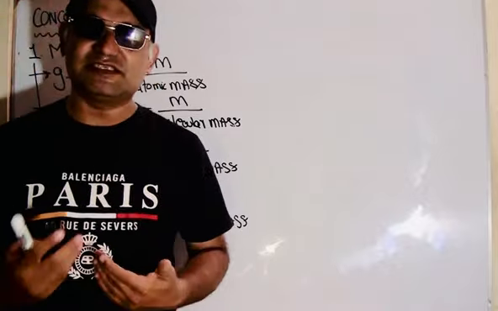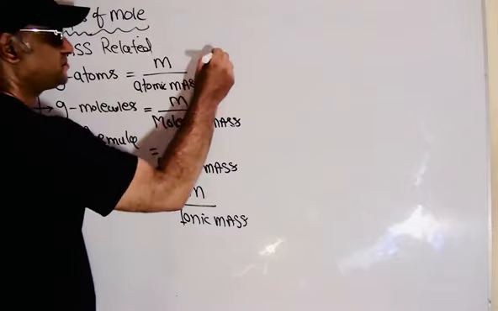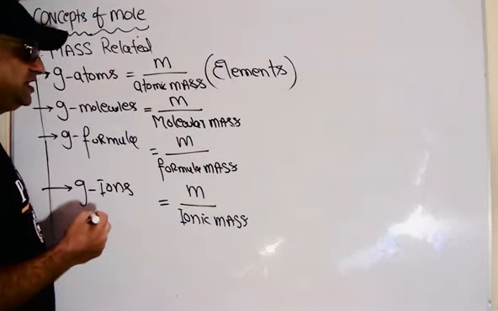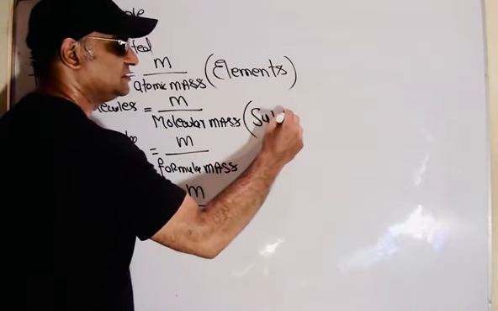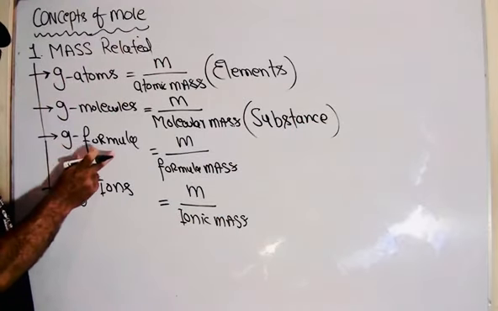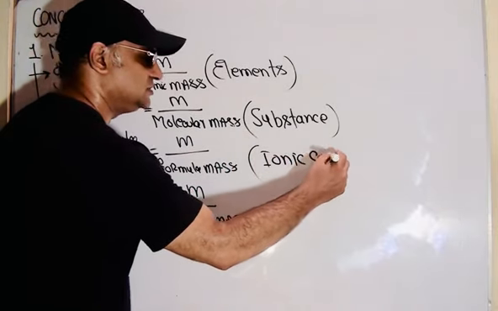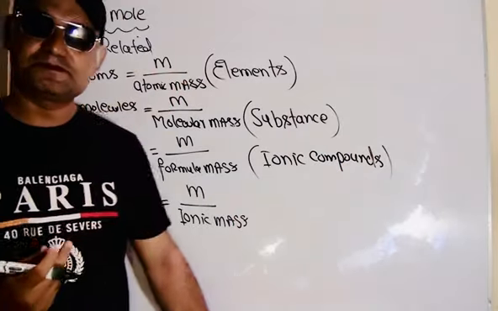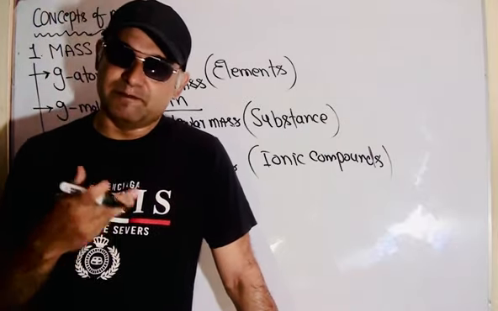So these are the specific concepts of mole. Gram atoms mole is applicable for elements, to find the moles of elements, and gram molecules mole is applicable to find the moles of a substance, specifically a molecular substance. And gram formula mole is applicable to calculate the mole of ionic compounds, or we can even say those inorganic macromolecules which have an empirical formula.